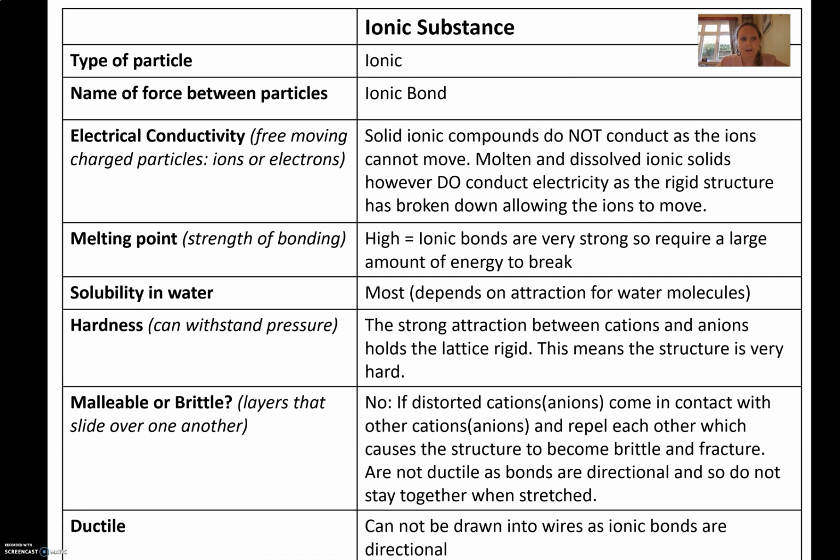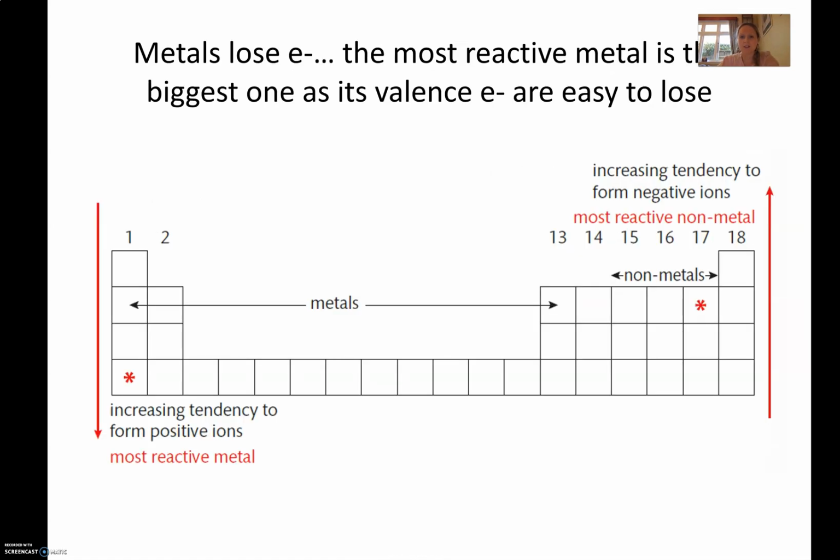I think I've only got a little bit to finish on here, folks, and that's just to talk about the most reactive metal and the most reactive non-metal, because they'll form ionic compounds, and this doesn't really fit here all that well. It's just an interesting tidbit.